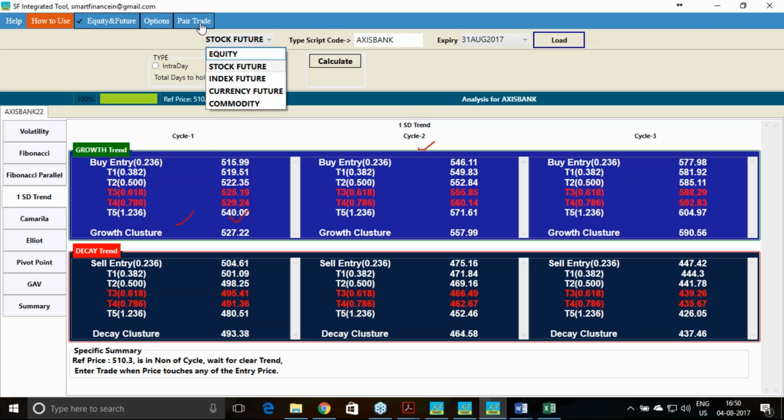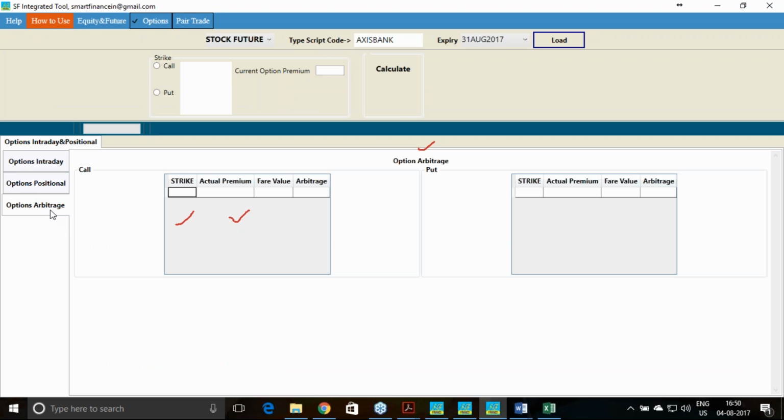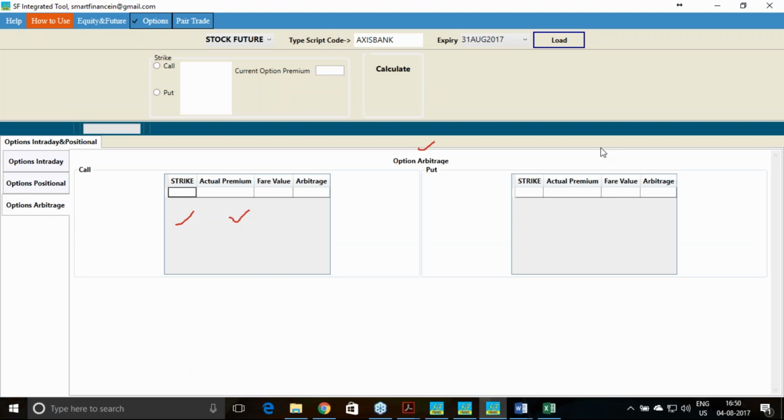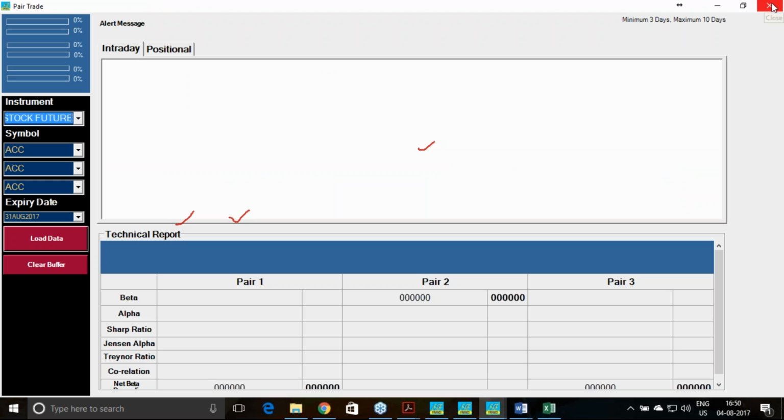Are you asking about the pair trade? This is option intraday, positional and arbitrage values. For doing option intraday, positional and arbitrage values. Next to pair trade, nothing is there. It is empty. How can you see it?